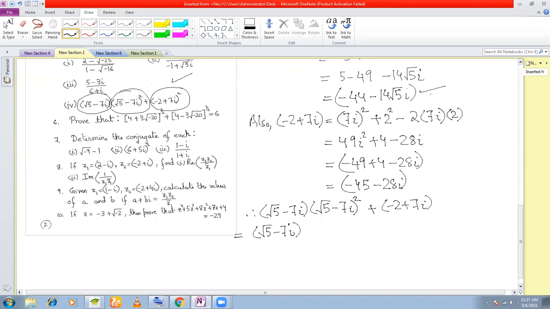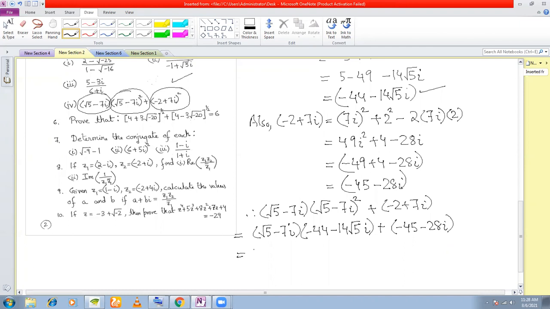And what have we got here? Root 5 minus 7i, minus 44 minus 14 root 5i. Right? And minus 2 plus 7i, minus 45 minus 28i. Right? So now you multiply the first two. What will you get?